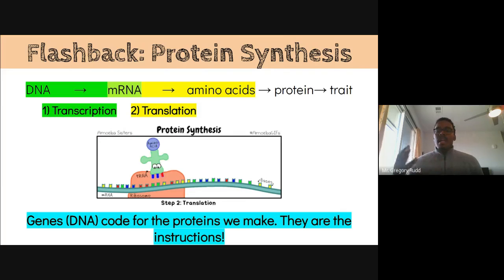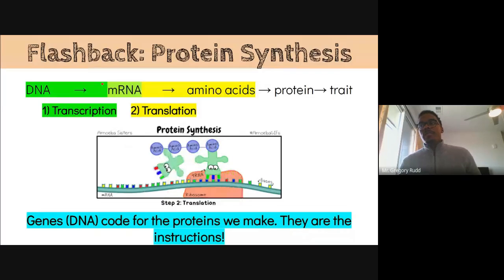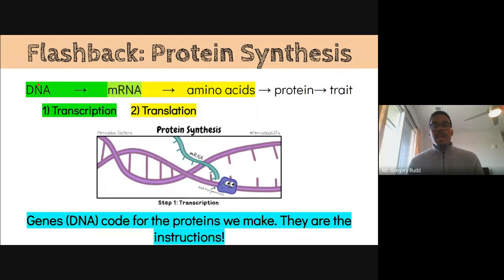It's also important to understand what's happening here. DNA is a nucleic acid, and mRNA is also a nucleic acid. So we're not changing the language here. We're just changing the format in which it's written. It would be kind of like if I were to speak something to you and I asked you to type it out.